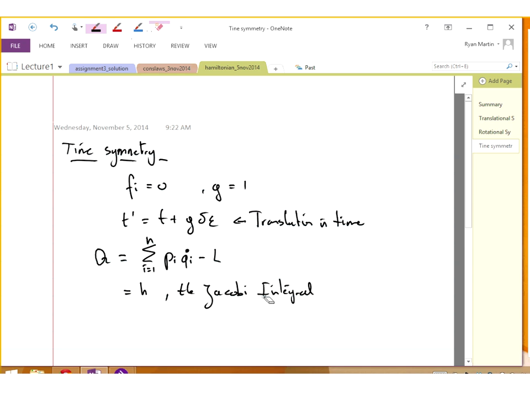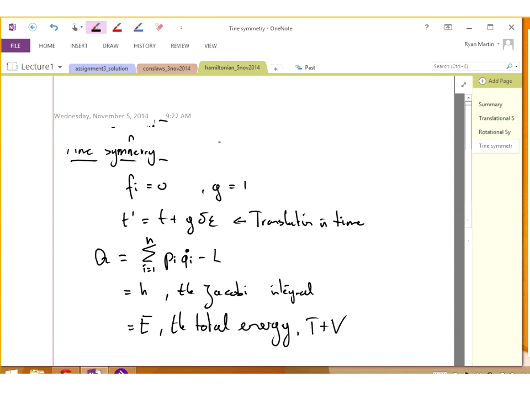And the Jacobi integral is often equal to E, the total energy. And we showed that a couple times already, which is equal to T plus V.